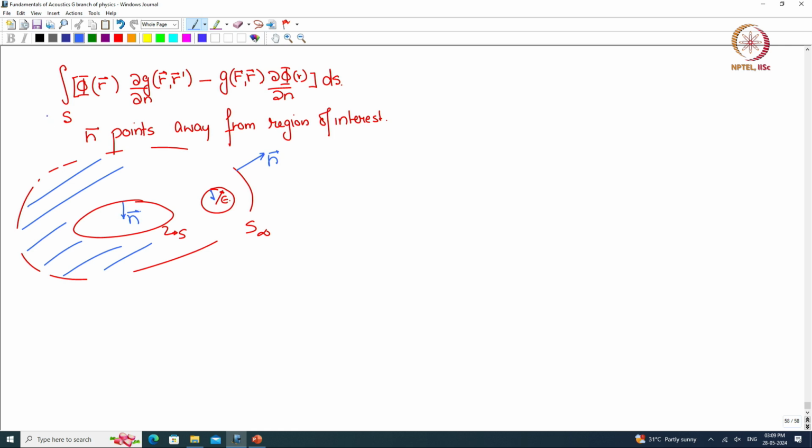Okay. So now this is the first term. Similarly, I will have a term that is on S epsilon, phi of r del g by del n of r dash minus g of r dash del phi of r by del n on the surface ds.